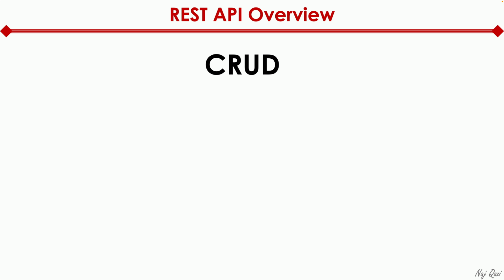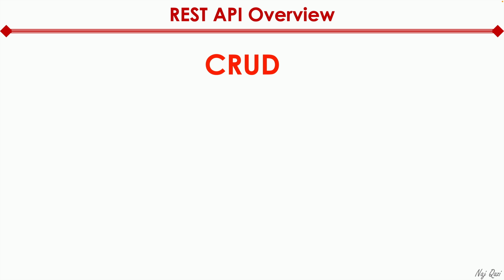Now, a couple of additional terms, because with APIs, it's very important to have a really good grasp of the terminology. For the rest of the information to sink in, you gotta understand the terminology. So there's this term called CRUD.